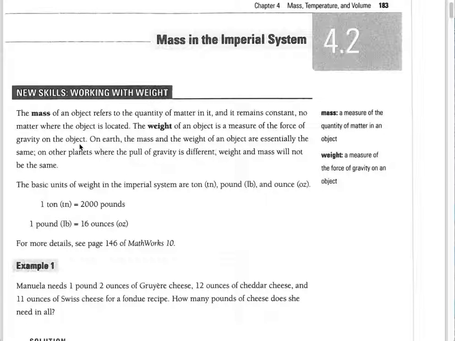So actually, on the Moon, you're lighter. On a big planet, if you could touch down on Jupiter, then you'd be a lot heavier. Now on Earth, the mass and the weight of an object are essentially the same thing, because when we talk about the mass, we talk about so many kilograms, and that's basically what we use as weight.